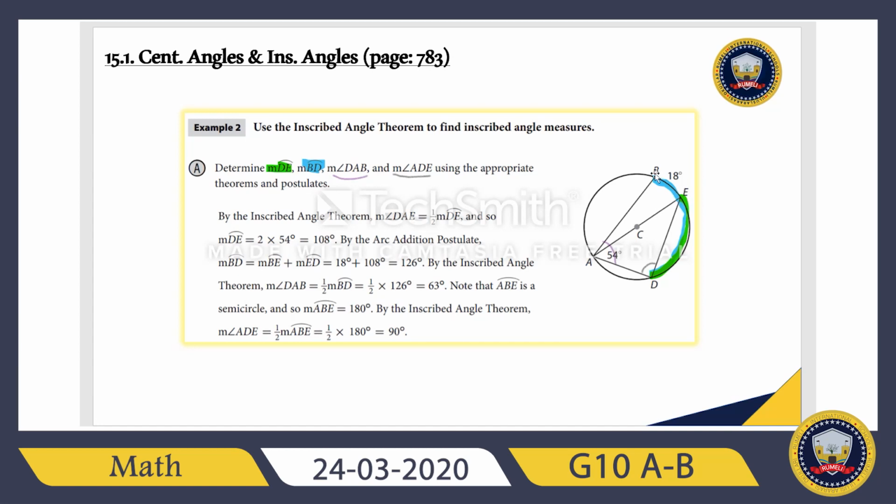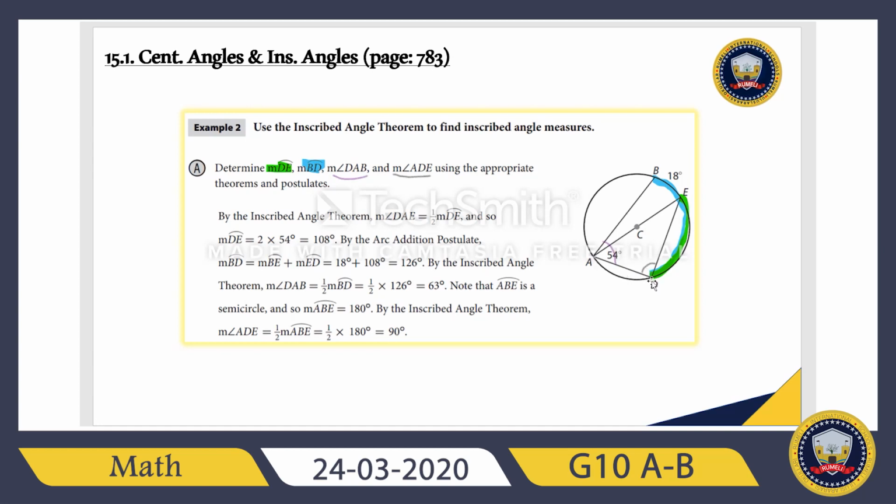We said that the measure of the arc equals the measure of the central angle. So this total arc here, AE, is 180 degrees. Now, I'm looking for the angle ADE, which is an inscribed angle.